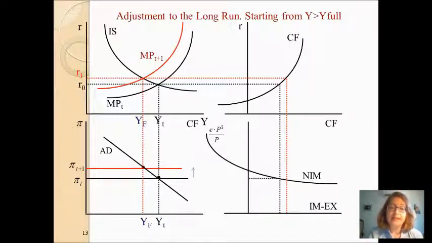It will rise until the IA curve meets the AD curve exactly at Y full, and the central bank will increase the interest rate exactly to the point where MP equals IS at Y full. The increased R will lead to an increase in net capital flow, and that's a new source of dollars to our economy, so net imports, imports minus exports, will increase, and the real exchange rate will decrease.